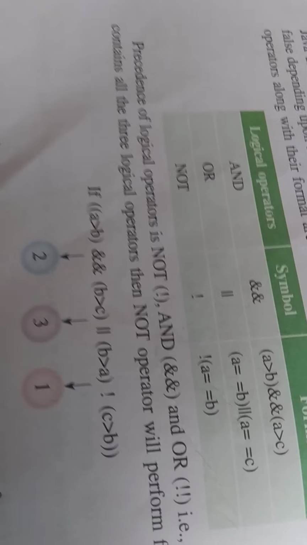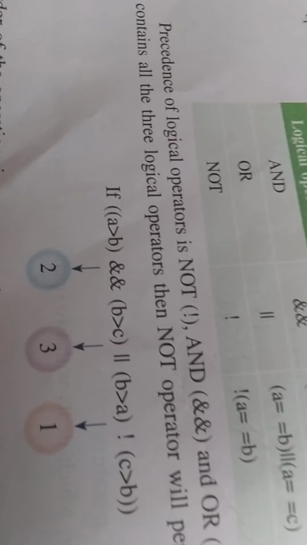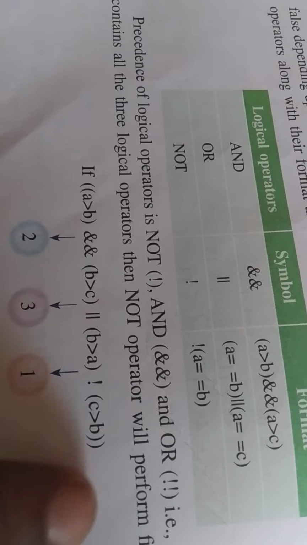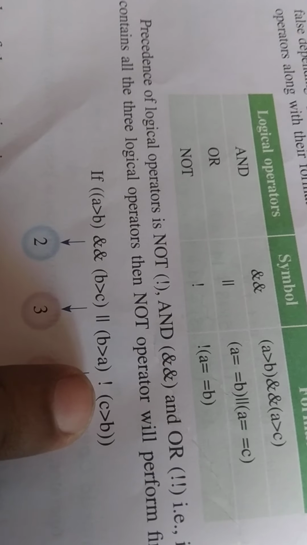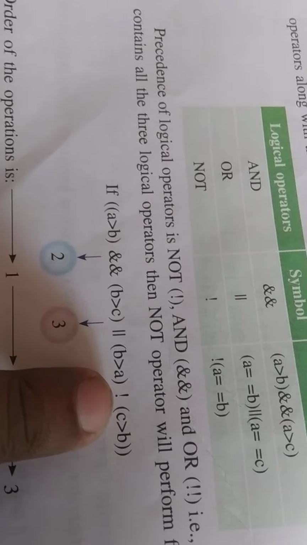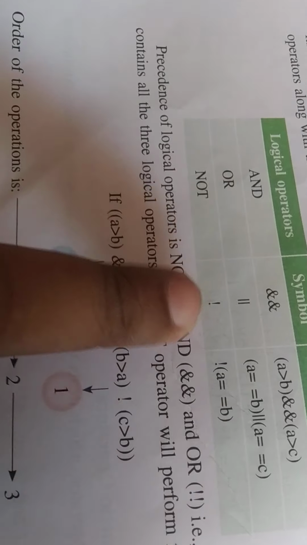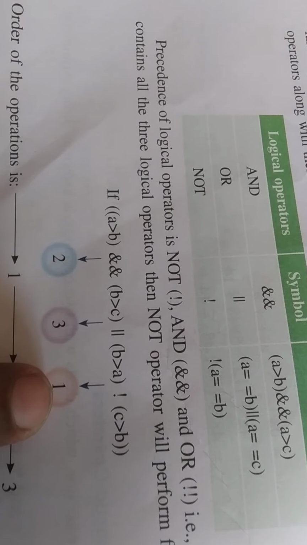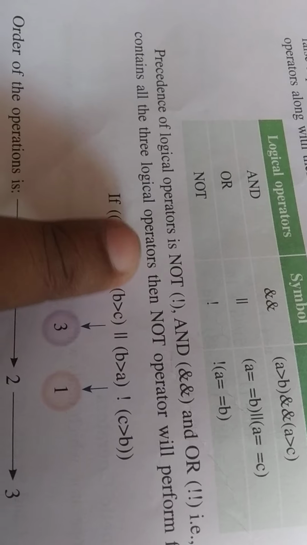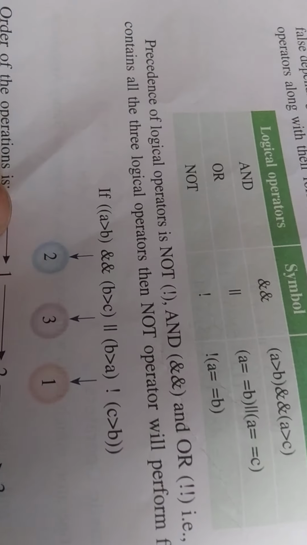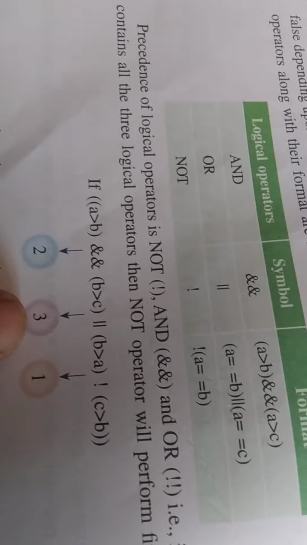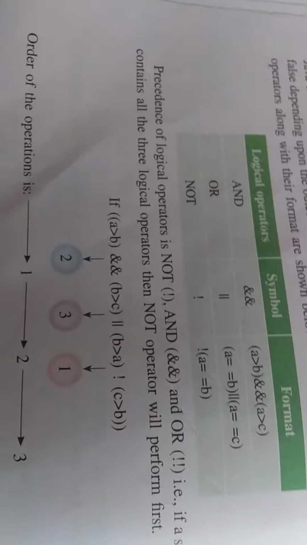So which operator is performed first? First we have to perform logical NOT, that is the exclamation. Second is AND, and at last we perform logical OR. Clear? Fine.